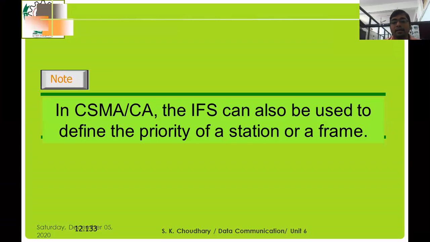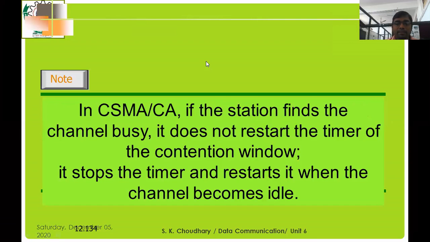In CSMA/CA, the interframe space can also be used to define the priority of a station or a frame for resending the data. Basically, in CSMA/CA, that is carrier sense multiple access with collision avoidance, if the station finds the channel busy, it does not restart the timer of the contention window. It stops the timer and restarts it when the channel becomes idle again.